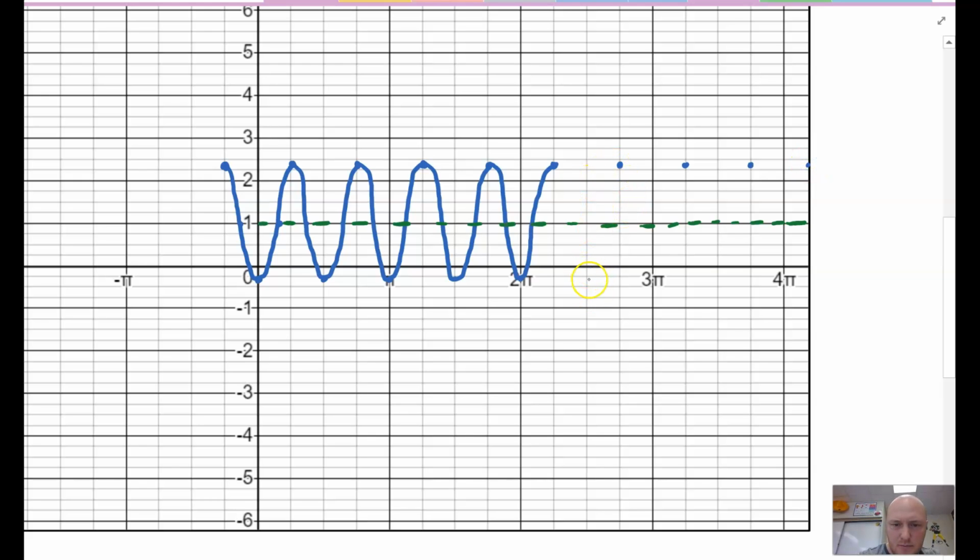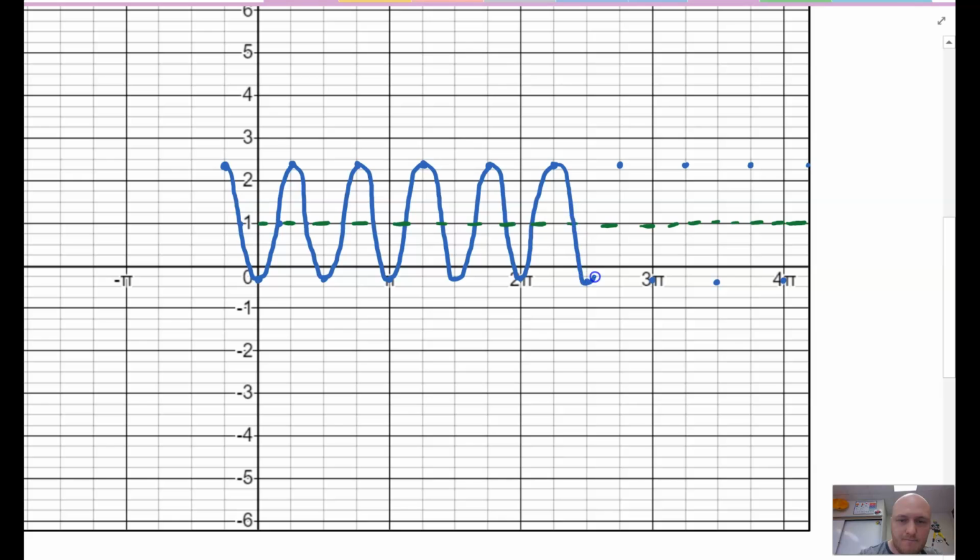So I'm just plotting my period, and then halfway between is a midpoint. Another period. Halfway between is a midpoint, another period. Halfway between is a midpoint, and then another period, and then halfway between is a midpoint.